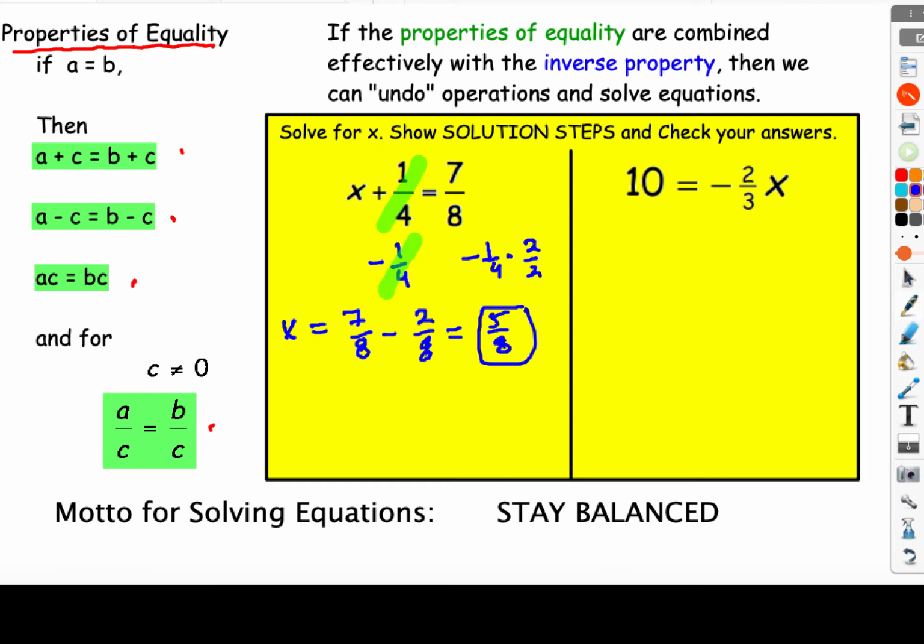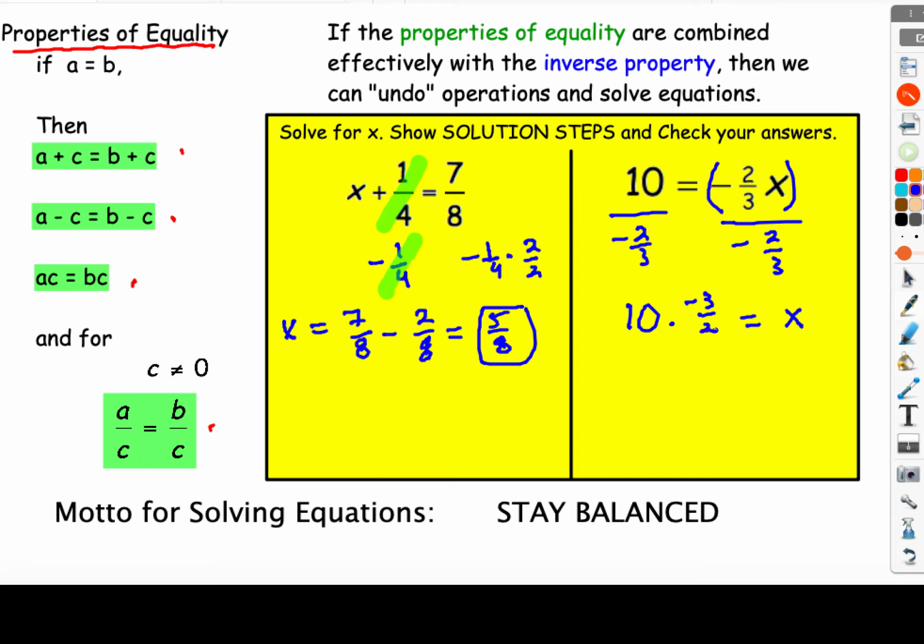Then over here at the right, kind of the same idea. I've got a 2/3 x. Well, if I'm multiplying by 2/3, I could divide by 2/3, and I want to divide away that negative as well. So I can divide away that full number. But now remember, dividing by a fraction is the same thing as multiplying by its reciprocal. So again, I'm going to leave x over here on the right, but 10 is really being multiplied by the reciprocal, negative 3 over 2.